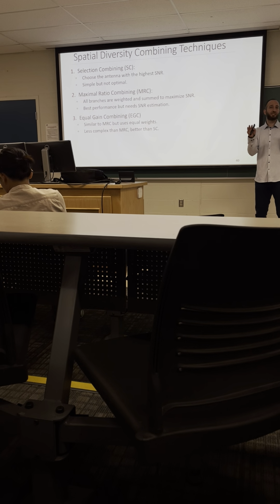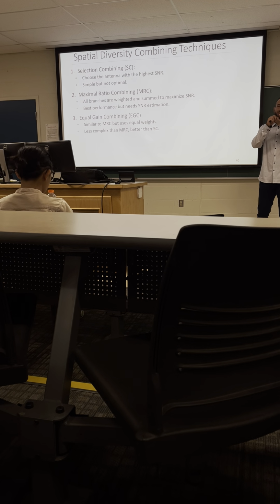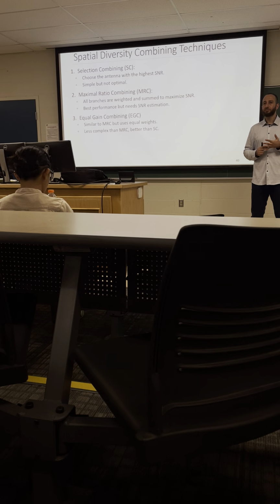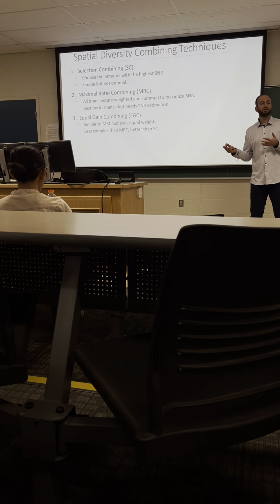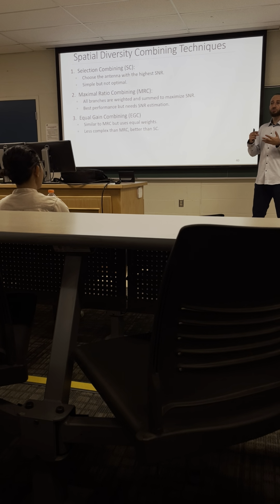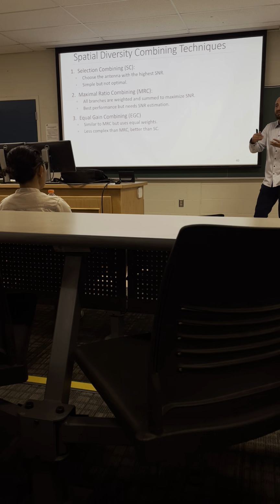If I have 3 signals and the first one is the strongest, how can you know that this one is the strongest? You need to estimate the signal to noise ratio, right? To estimate it, we need extra information or extra processing. This is what we are doing in maximum ratio combining. But for equal gain, I took the whole 3 signals and add them together and that's it.